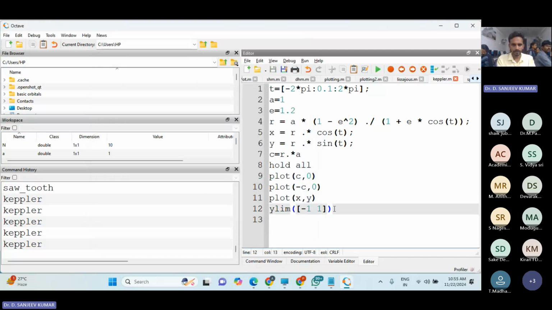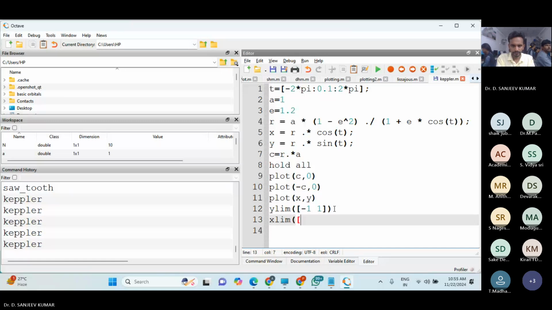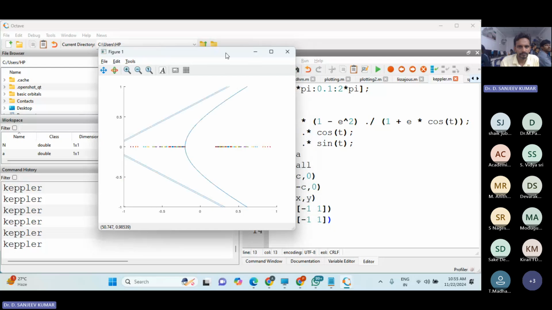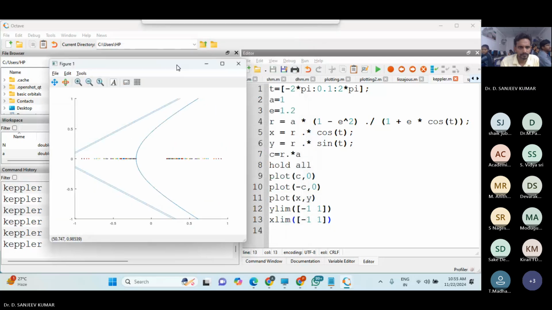What if I fix x limits also? This is a situation when I fix my x limits.